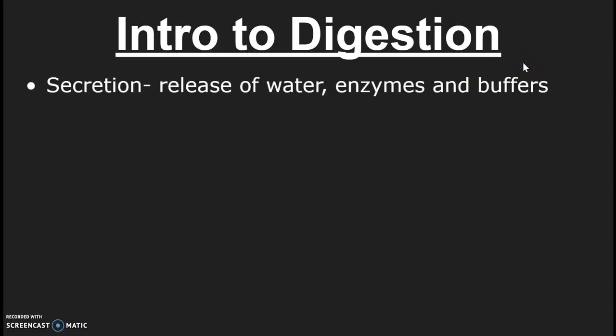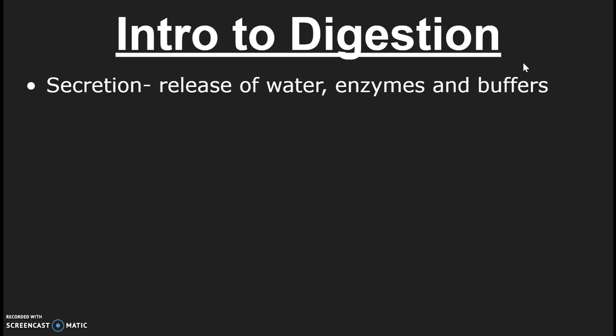Another technical term to be aware of is secretion. This has to do with the release of various things in the digestive process. We'll talk about the release of water, the release of enzymes, and also the release of buffers. Depending on the amount of chemistry that you've taken in the past, or how some of the bio is presented to you, you may be familiar with the term buffers, but one of the main things that has to happen in the body as far as maintaining homeostasis is balancing pH, and buffers are important for that.